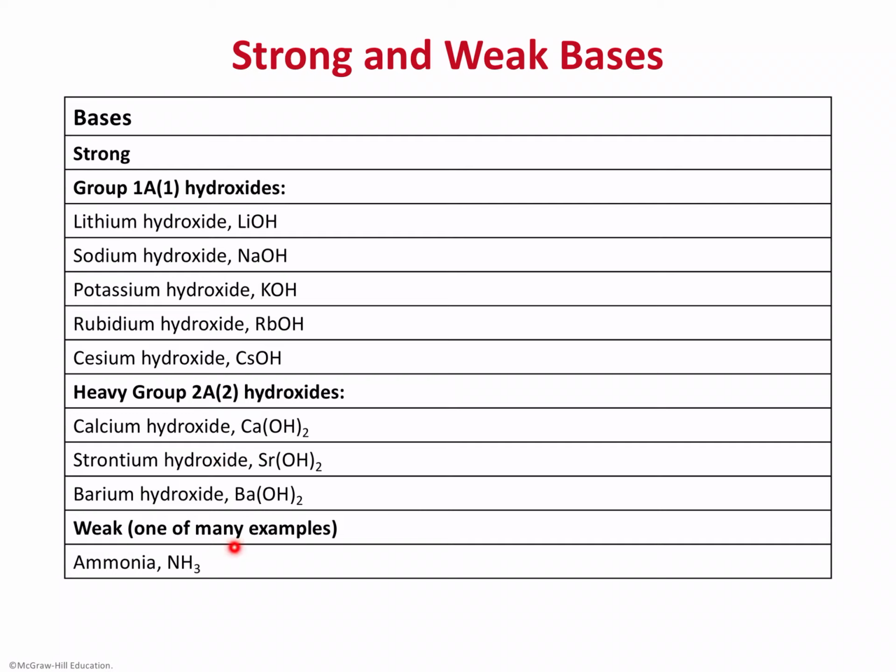And then the weak base is considered ammonia and also some ammonia derivatives, meaning if you replace this hydrogen with another group, that is also a nitrogen base, so that would make it a weak base. Okay.